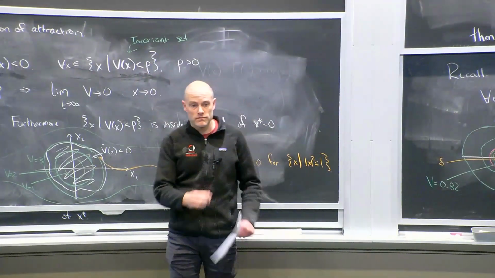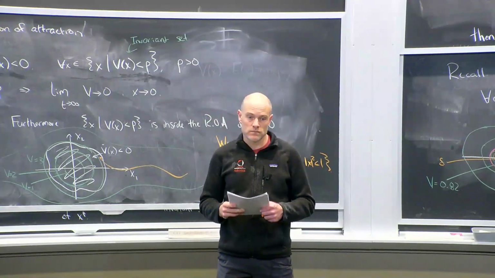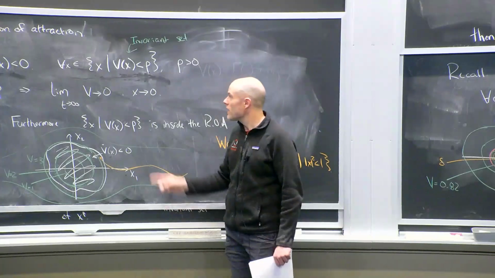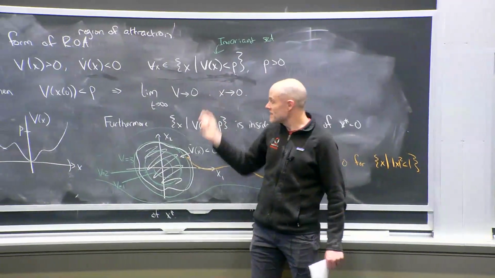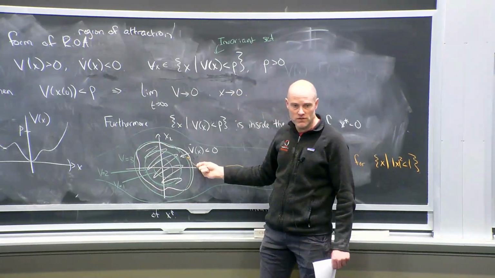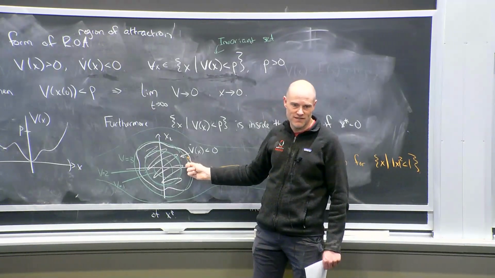Yeah. But in practice, wouldn't you use v dot smaller than 0 to find your invariant set? Like, how else would you find the invariant set? You use the coupled conditions of v dot and v, but the point I'm trying to make is that it's not the v dot equals 0 set that's your region of attraction. It's the v set that's your region of attraction.